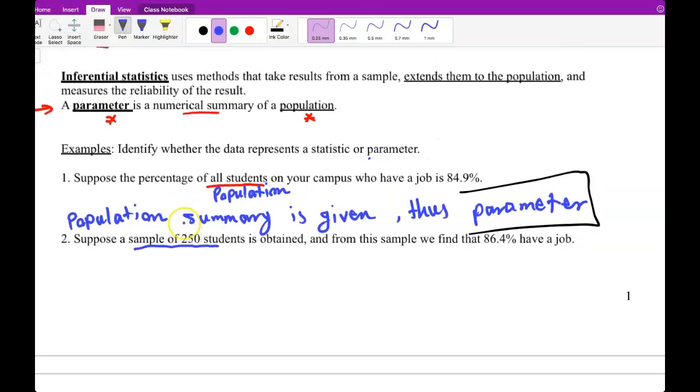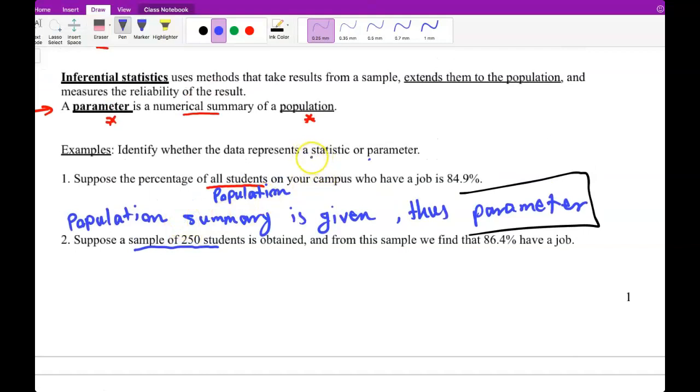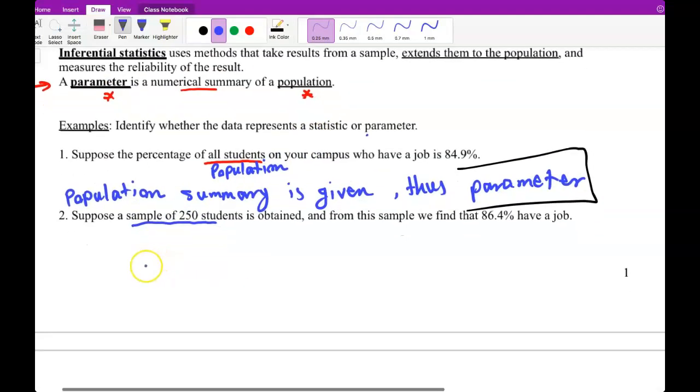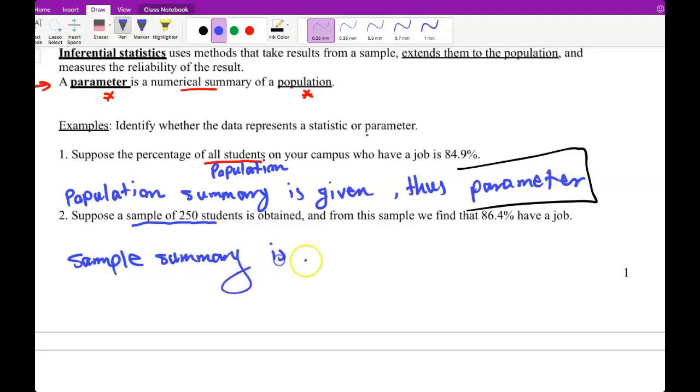Since we have a sample, that means that I use statistic. So a sample summary is given. Therefore, this one is a statistic.